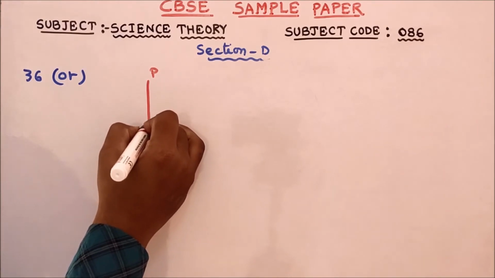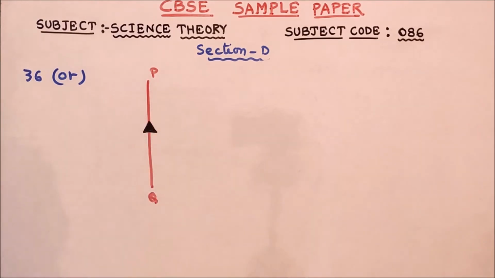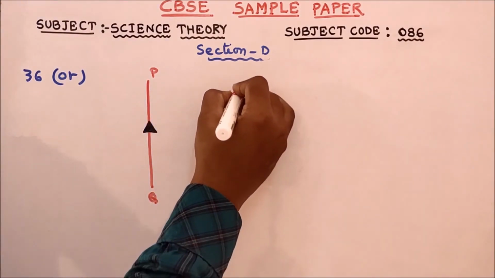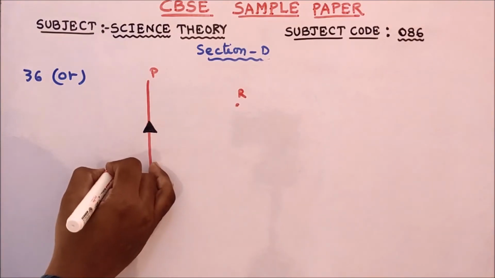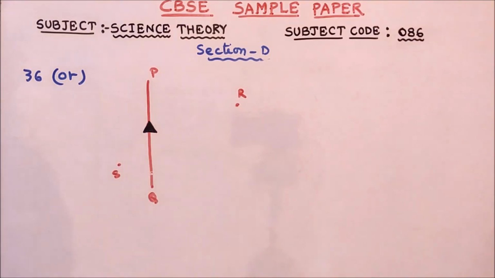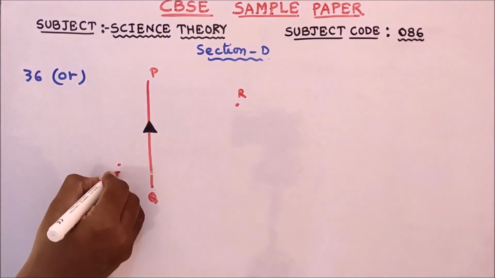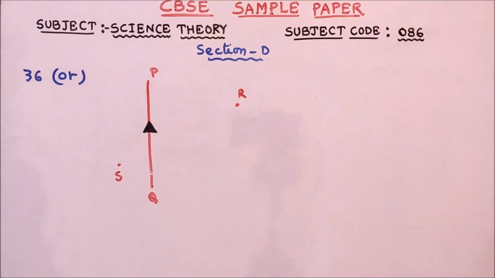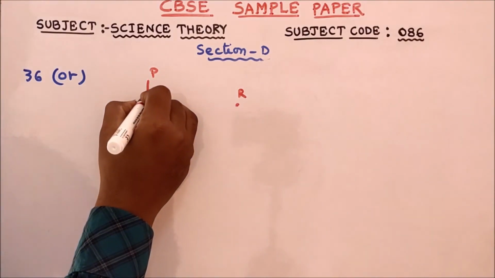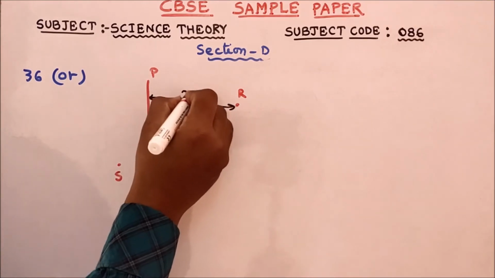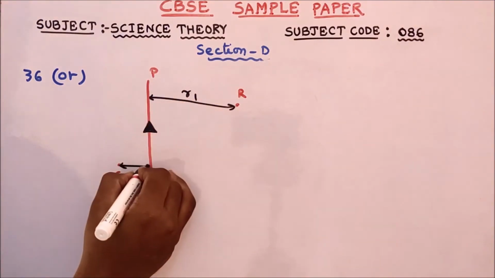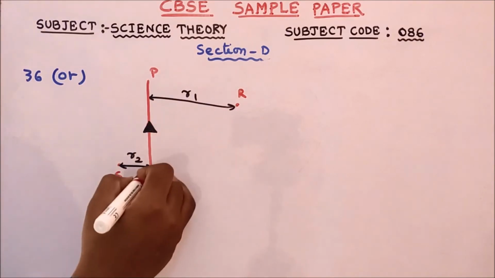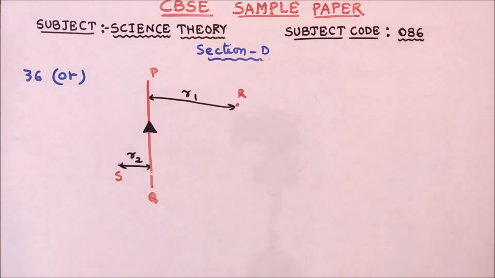There are 2 points S and R. Let me draw R here, and here is the S. R is at a distance of R1, and S is at a distance of R2 from the current carrying conductor. So this is the diagram we have.